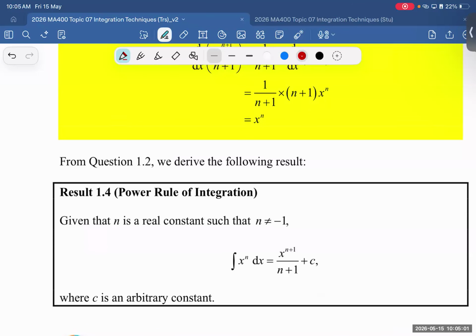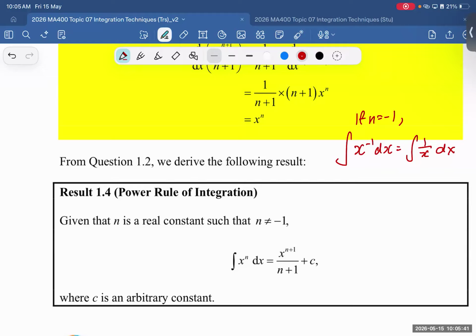That's so far. But what happens if n is -1? If n is -1, you are looking at this, which is the same as this. Which function, if I differentiate, I will get 1 over x?